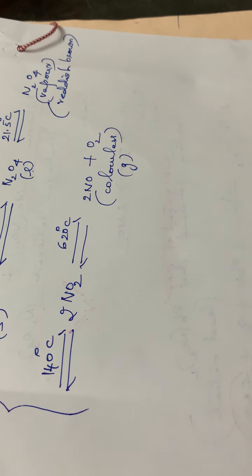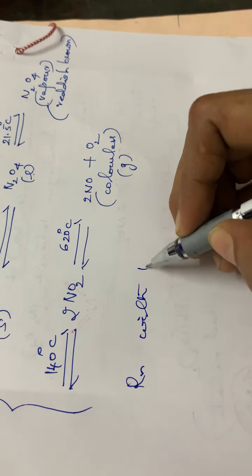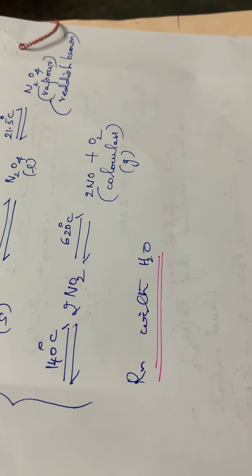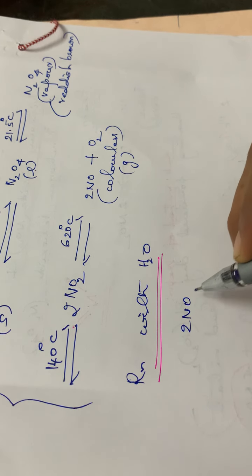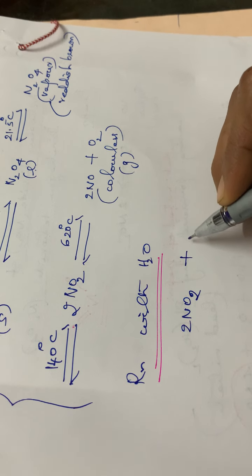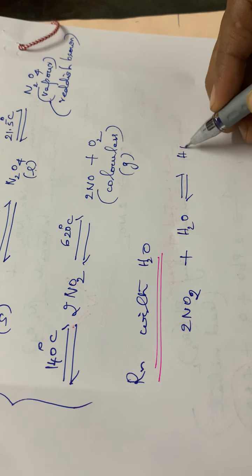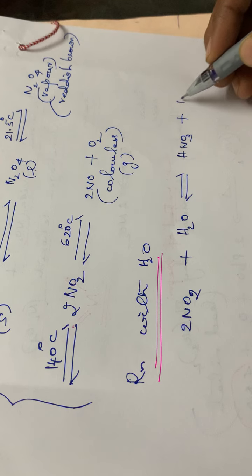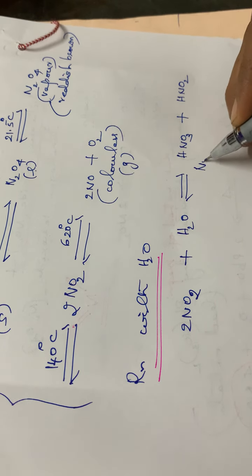Then the next reaction, reaction with water. See here, this nitrogen dioxide on reaction with water will be giving nitric acid and nitrous acid. Nitric acid is HNO3, nitrous acid is HNO2.